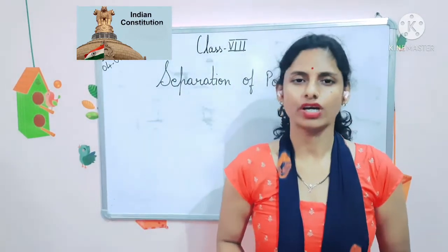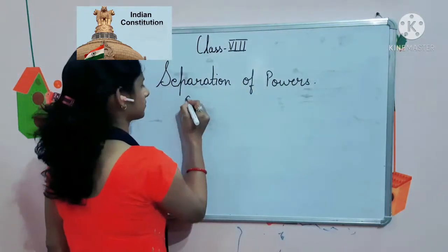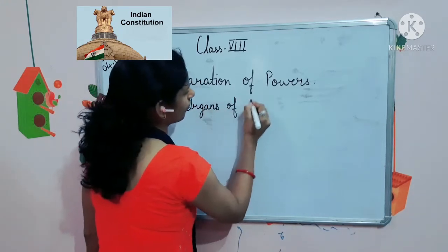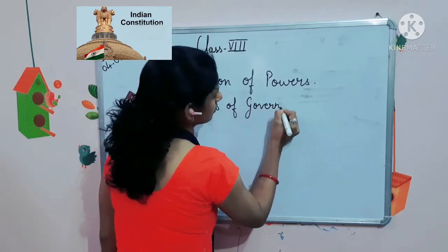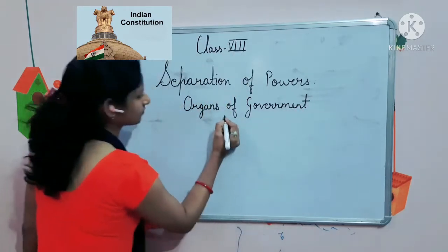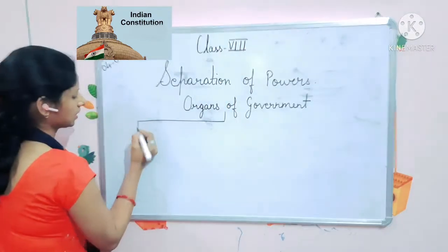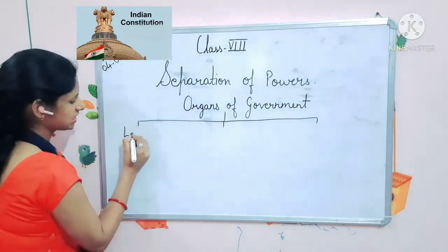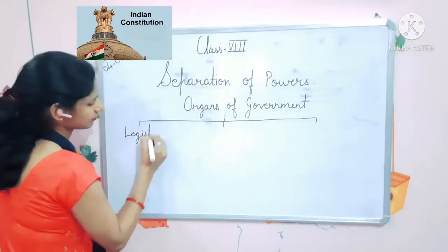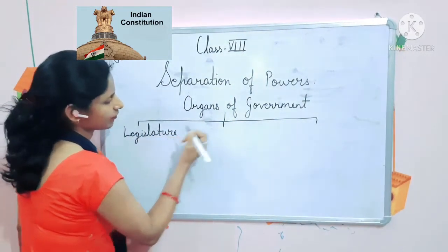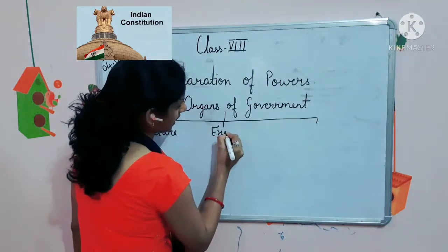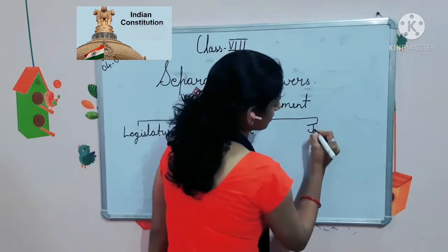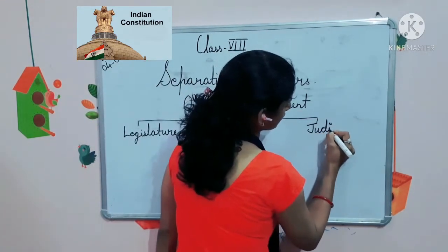These organs of the government are: first is legislature, second is executive, and third is judiciary.